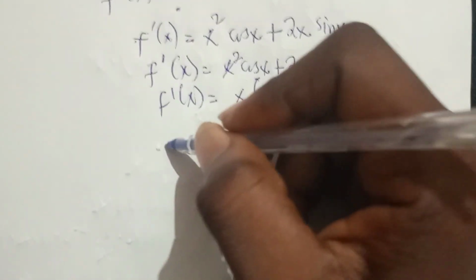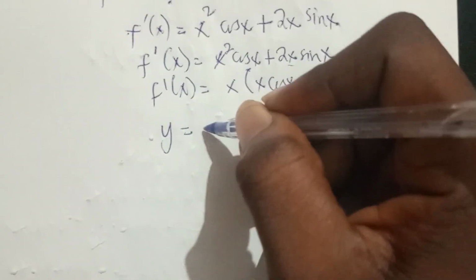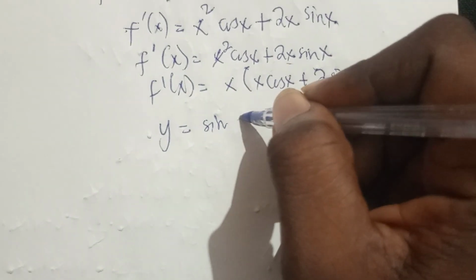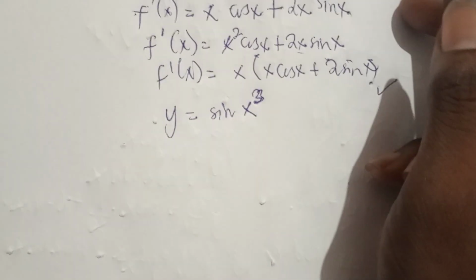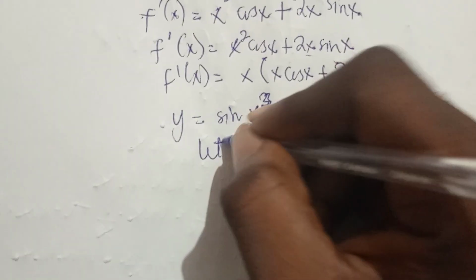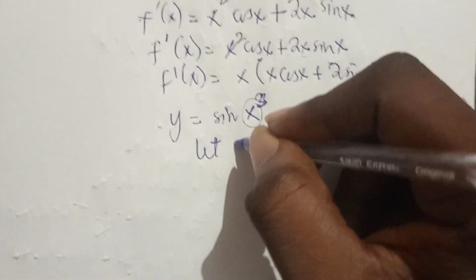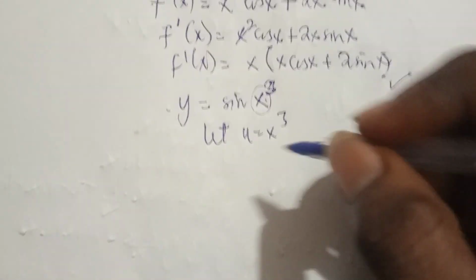Okay, what about this one? You are given y is equal to sine x cubed. How are you going to do this one? Okay, so in this question, we have to use the chain rule. So we can say let your inner function, x cubed, be u.